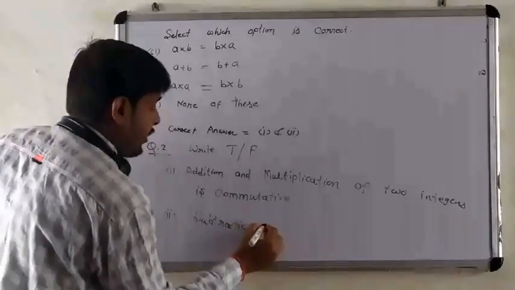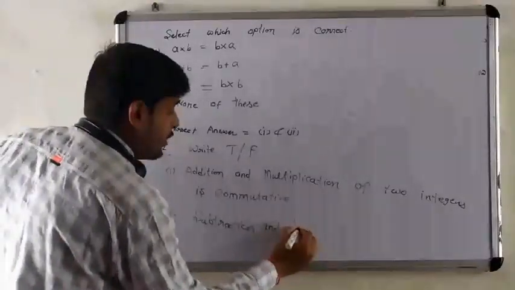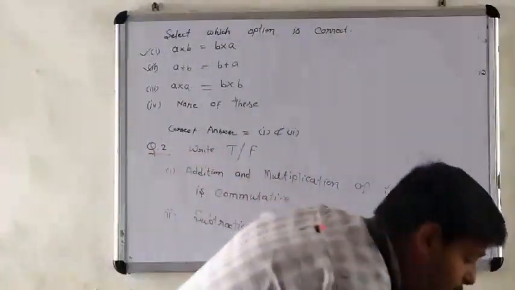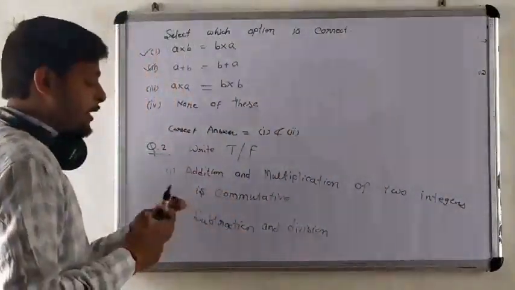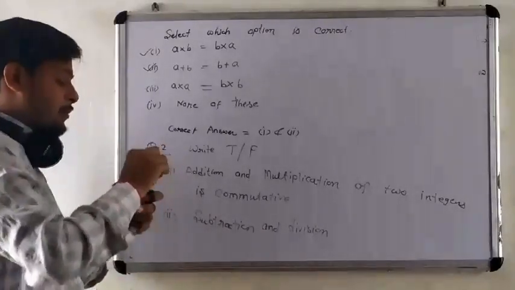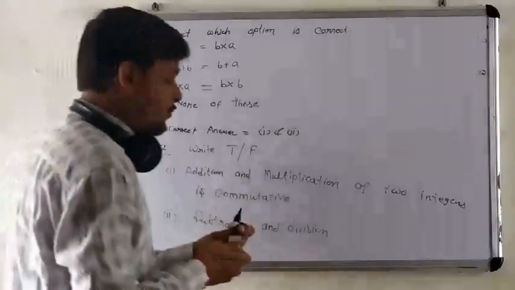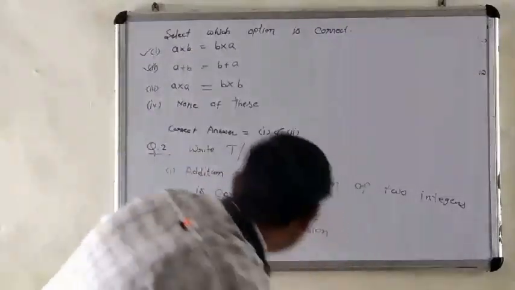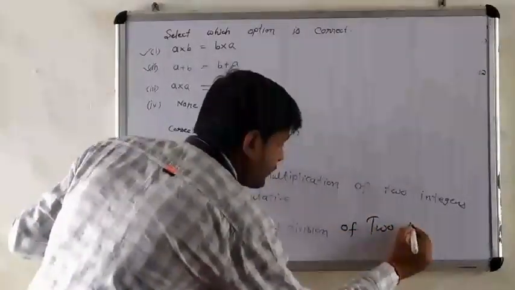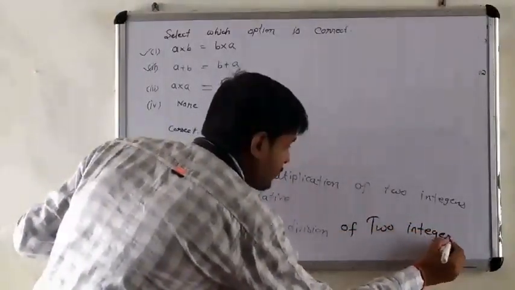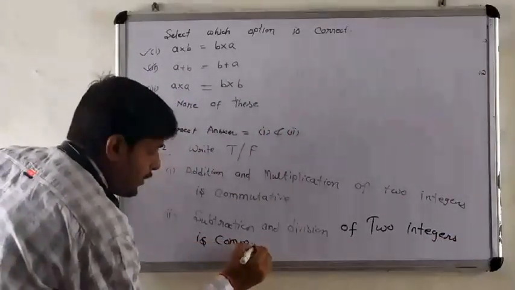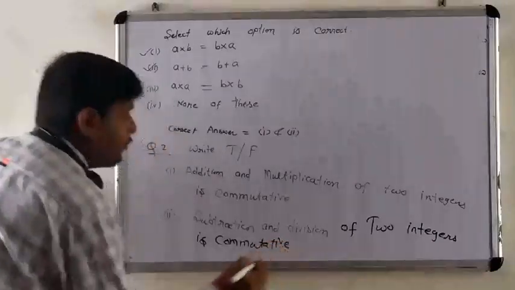Subtraction and division of two integers is commutative.